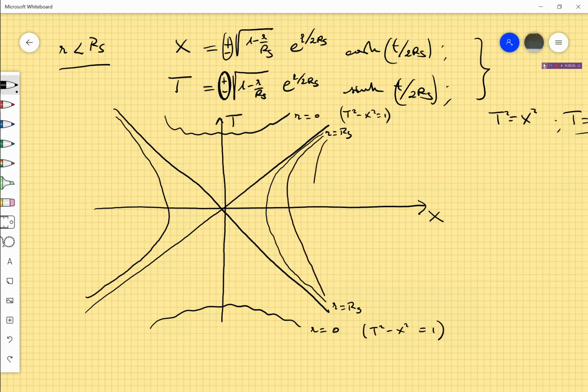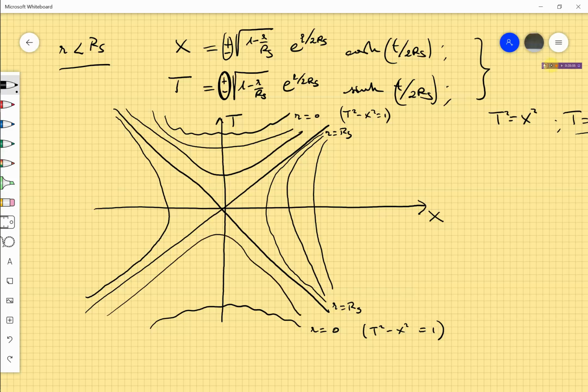They are like this, and they are more and more open when r goes to infinity. So r is growing here, and it is decreasing until r is equal to rs. And when r is smaller than rs, but different from 0, you get this kind of hyperbolas, and the same here.